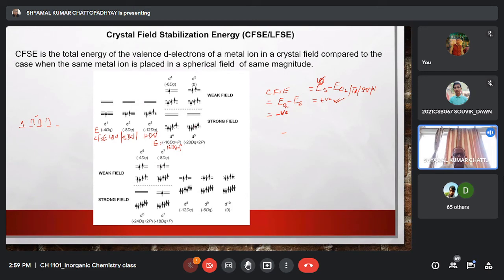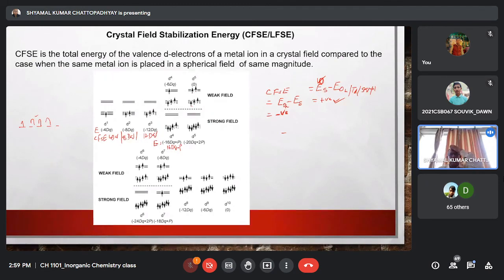Now if I go to d5, you may have 5 electrons arranged as the high spin configuration, t2g3 eg2, or you may have t2g5. For t2g3 eg2, it is 3 times minus 4, that is minus 12 Dq, and 2 times plus 6, that is plus 12 Dq.